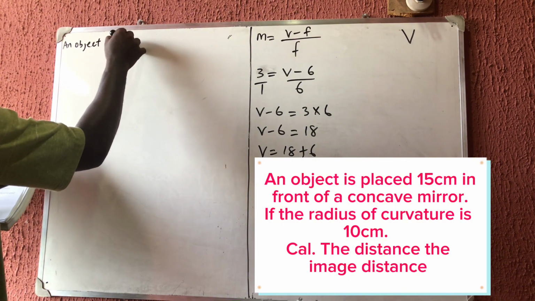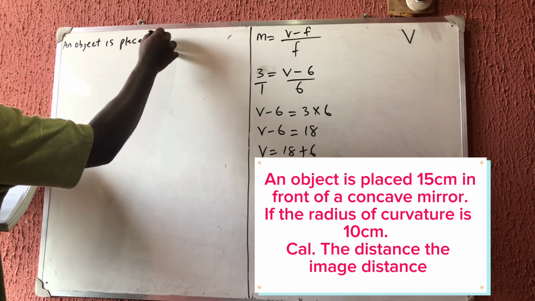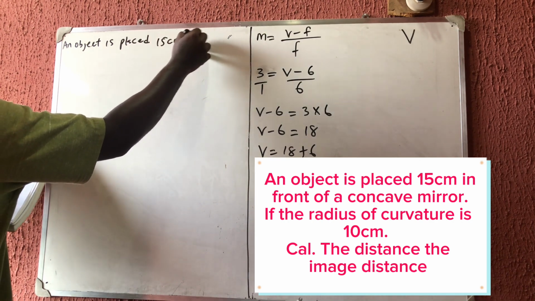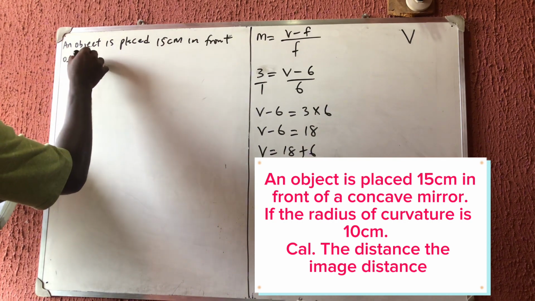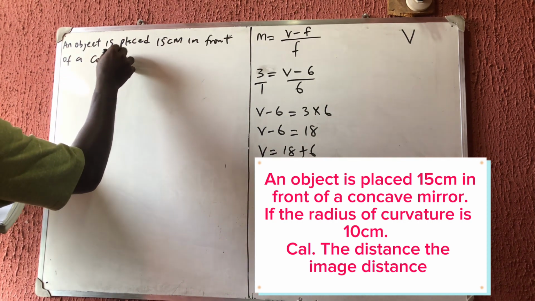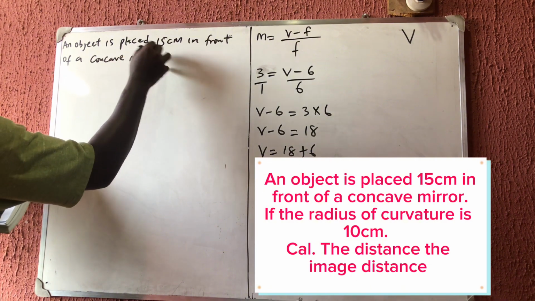The next question says: an object is placed 15 cm in front of a concave mirror.